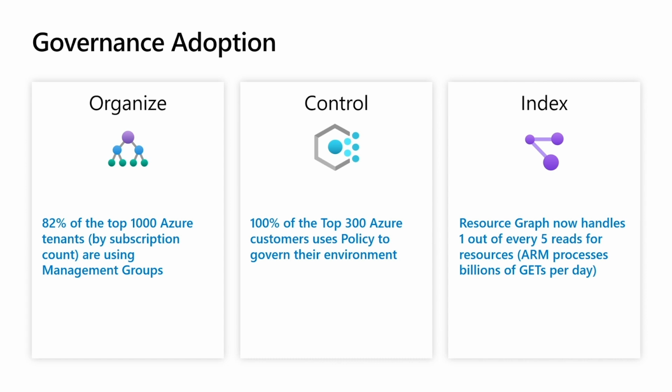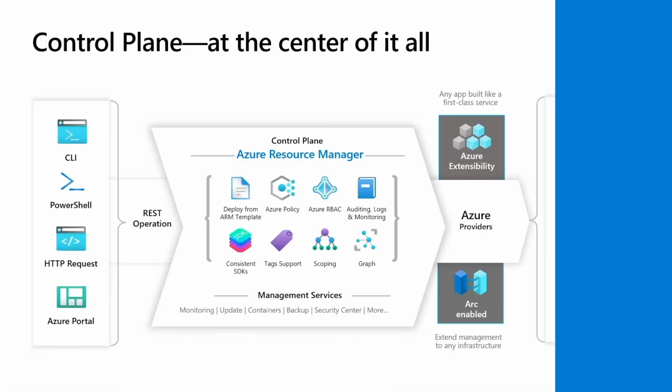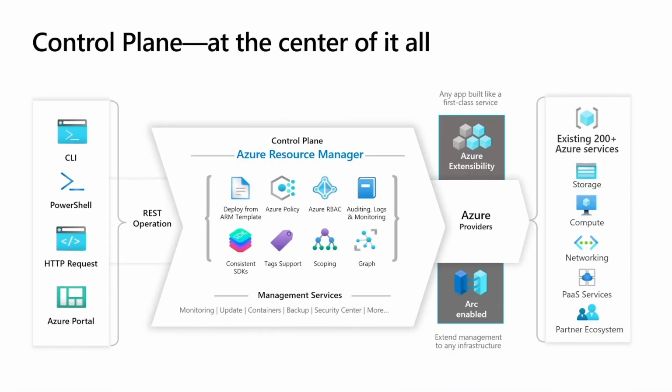And Resource Graph now handles 1 out of every 5 reads for resources, and we're talking about billions of reads a day. So if you are just starting your cloud journey in Azure, or if you're wondering whether you should leverage one of the governance capabilities within our portfolio, I hope these numbers can give you some confidence.